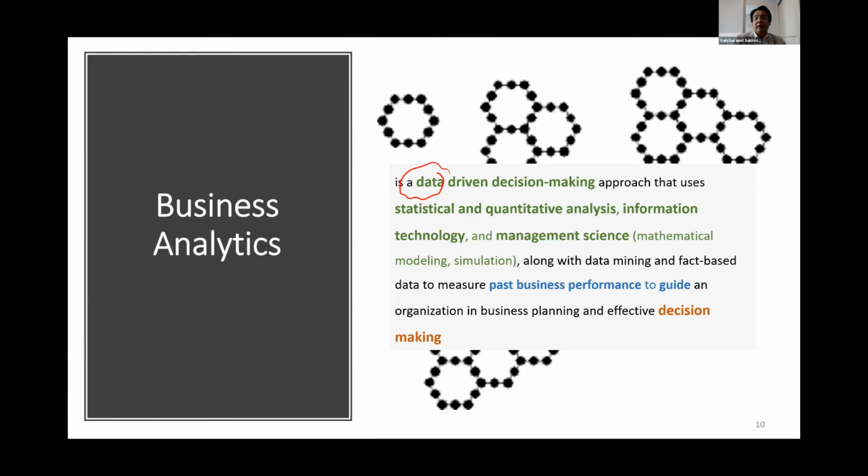To do what? So that it can give you a measure of past business performance, so you understand the past and now, and then help guide you to make better decisions in business. And so that's business analytics. Again, it's about data, it's about analysis, it's about how you get the information so that you can understand the current business performance, and then help you make better business decisions. So no more gut feeling.